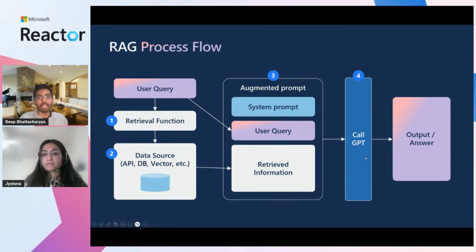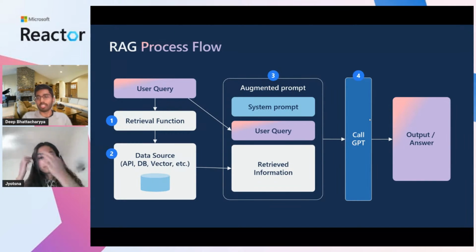The OpenAI service is over here on the right where it says call GPT. That's the part where we call the external API for GPT-4 and receive the results, which is a string of characters or a string of words, essentially.